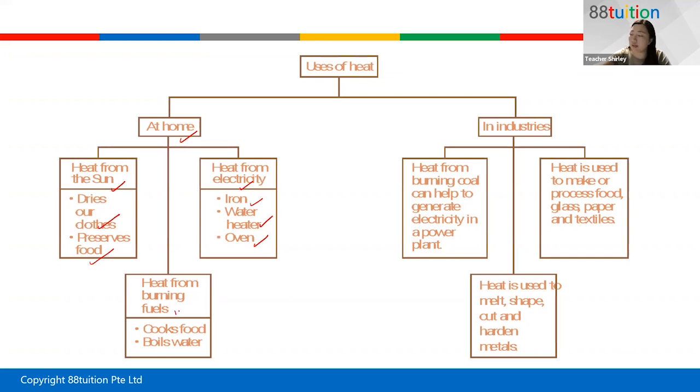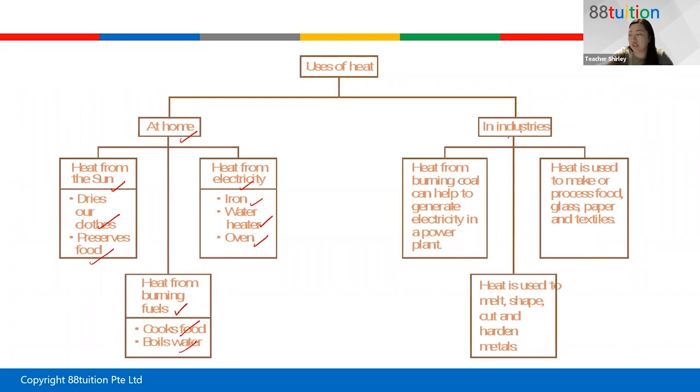You use heat from burning fuels to cook your food and to boil water. The cooking gas: when you turn on the stove, straight away there's cooking gas coming up, and then there's the flame, because there's an igniter there to ignite it. So that's how you get heat at home.